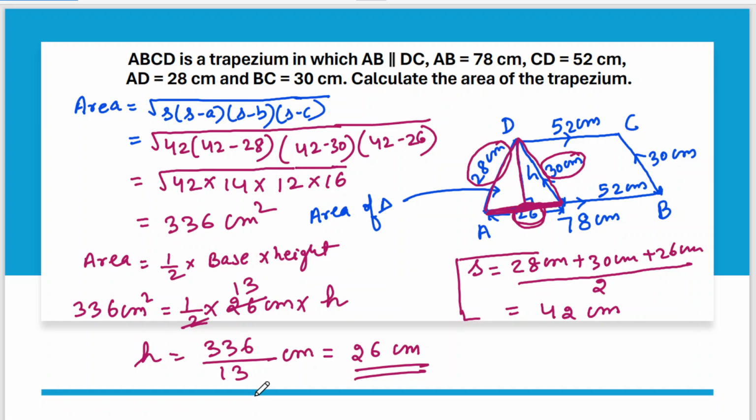Now we can easily find the area of the trapezium. That means we are going to use the formula half into sum of the parallel sides into height to get the area of this trapezium. Let me erase this.